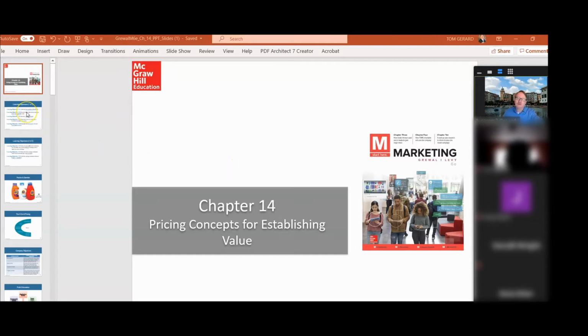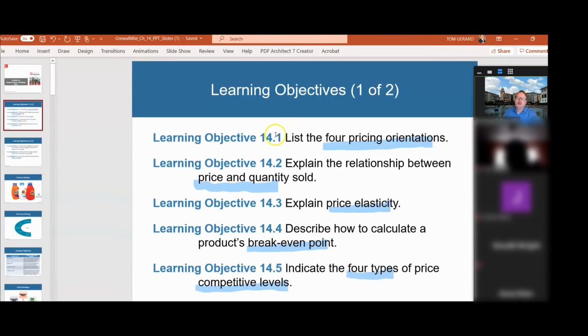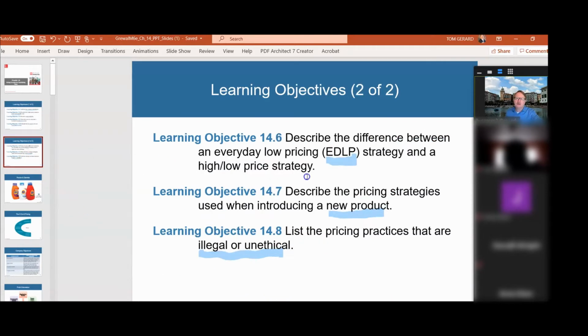Now the interesting thing, first of all, you'll see that the way this is laid out is objectives for the course, which typically, if I know the way your quizzes were set up originally by another instructor, they should have followed these objectives. 4 pricing orientations, the relationship between price and quantity, price elasticity, the break-even point, how to calculate a product's break-even point, and the 4 types of competitive levels.